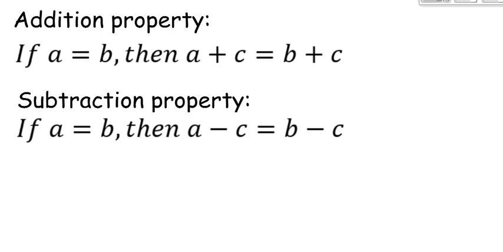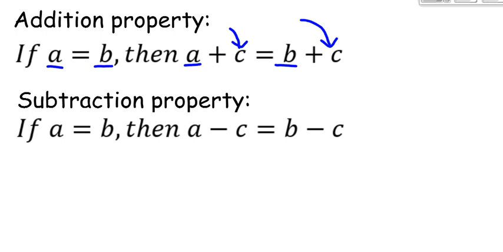All right, so here's the first property on your list. This is common sense, and you've probably seen it before. This is called the addition property of equality. If I have two numbers that are equal to each other, for example, if A is equal to B, then if I add the same number C to both sides, the equation is still equal. That's just common sense.